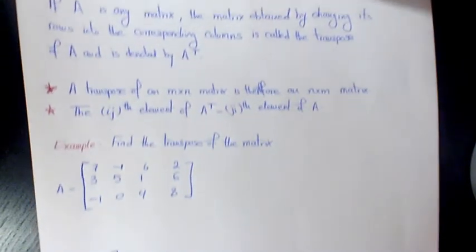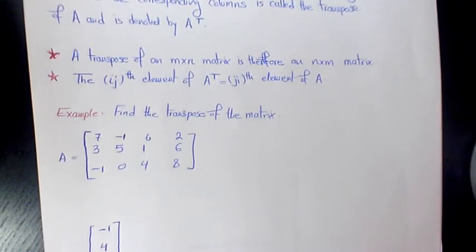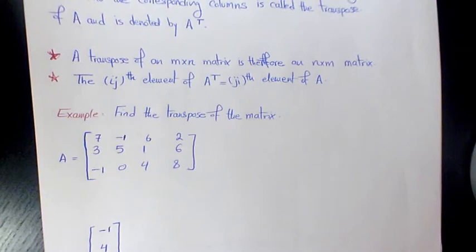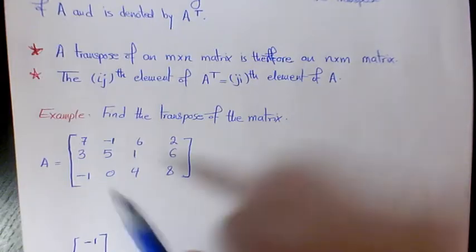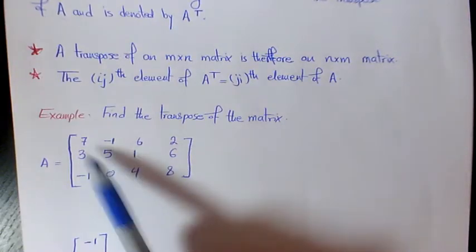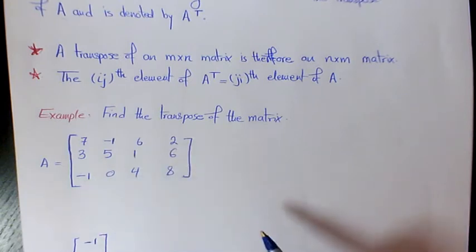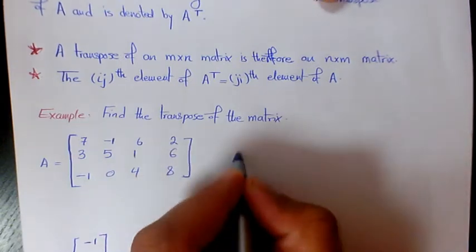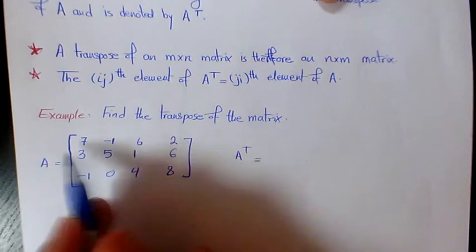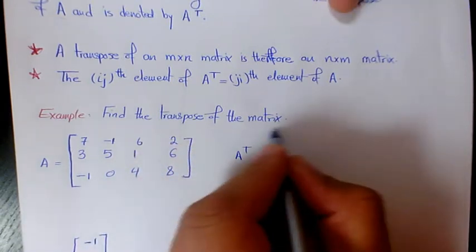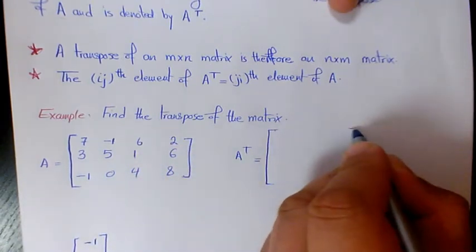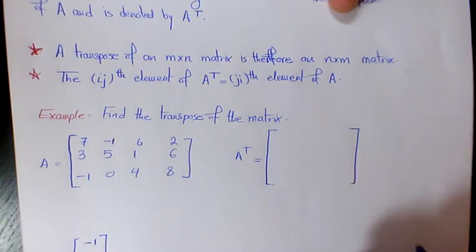Let's take a look at the example. Here it says find the transpose of a matrix. Here it is a 3 by 4 matrix because we have 3 rows and 4 columns. So if we want to find the transpose, since it was 3 by 4, I'm expecting to have a 4 by 3 matrix.